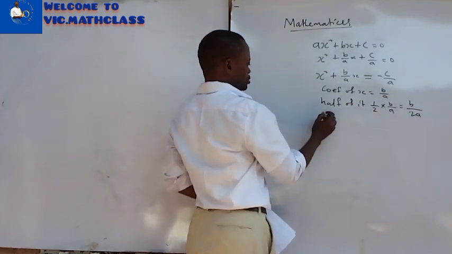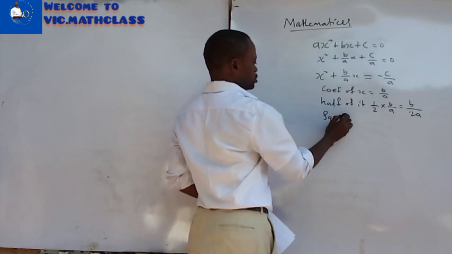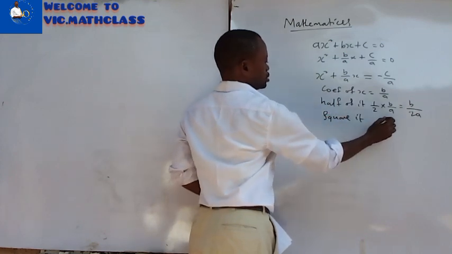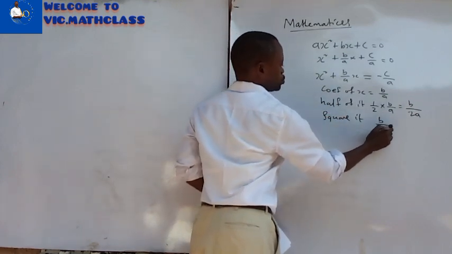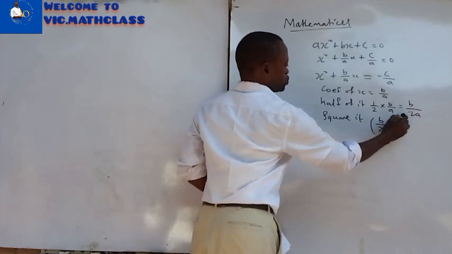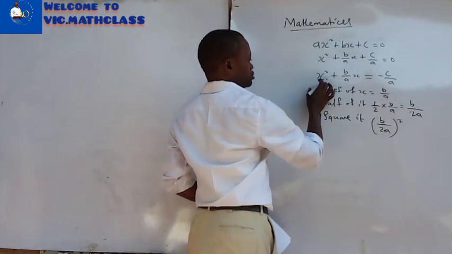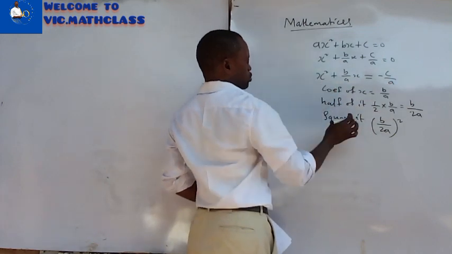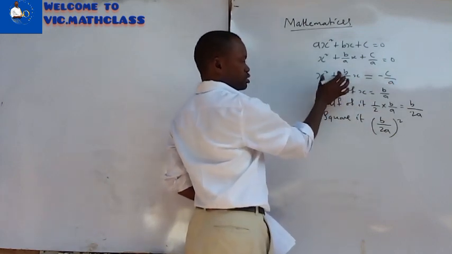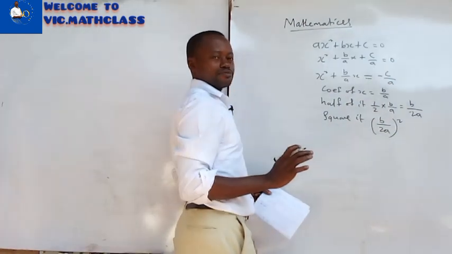Then the next is square it. Then you have b over 2a, then you square it. This is what we are going to add to both sides of this expression. Once you add it to this side, this automatically becomes a perfect square.